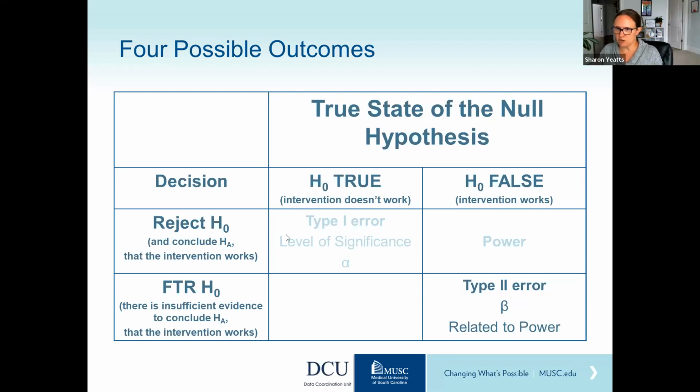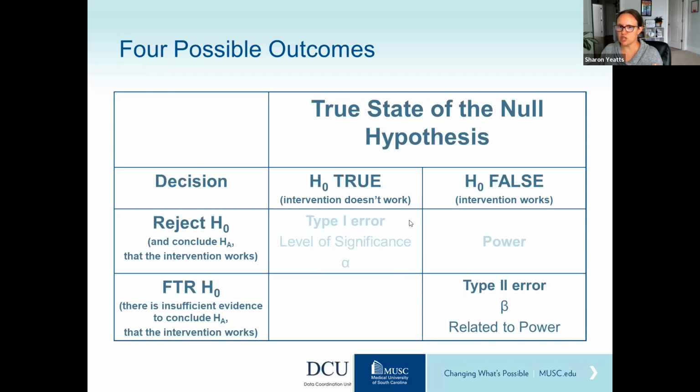So the first error, again, I'm assuming that everyone is familiar with, we refer to as the type 1 error or the level of significance alpha. A type 1 error is defined by a scenario where the null hypothesis is true, the intervention has no effect, but the result of the statistical test is significant.